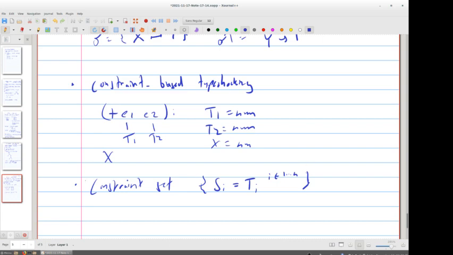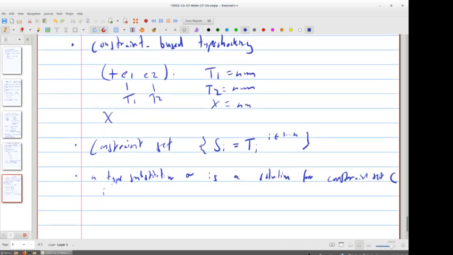Well, we'll say that a type substitution sigma is a solution for the constraint set C, or I could say it solves or satisfies the constraint set C, if when you apply the substitution to all the types here, you end up with just a bunch of identities. So it actually renders all the types equal.